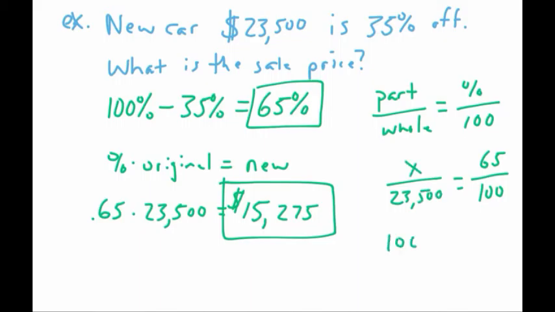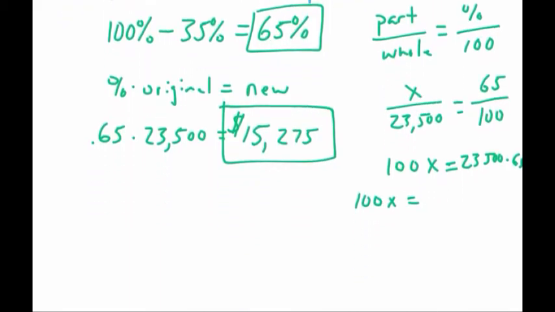So now when we do our cross multiplication, we have 100 times x equals the 23,500 times 65, which would then give you 100x equaling 1,527,500.